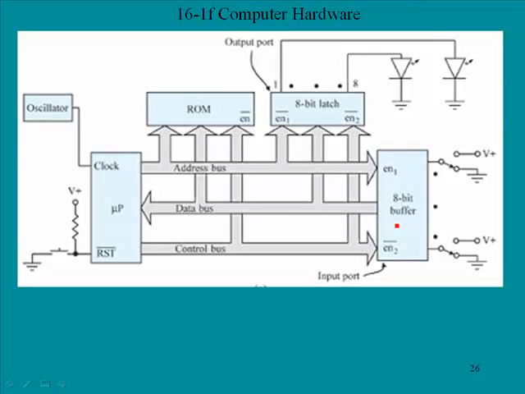When that occurs, the inputs, which are just simple switches here, will be connected to the data bus. Remember, this is from the address bus and the control bus. When those controls are set, the microprocessor says, okay, feed me input, and then these inputs will feed through the system to the microprocessor.